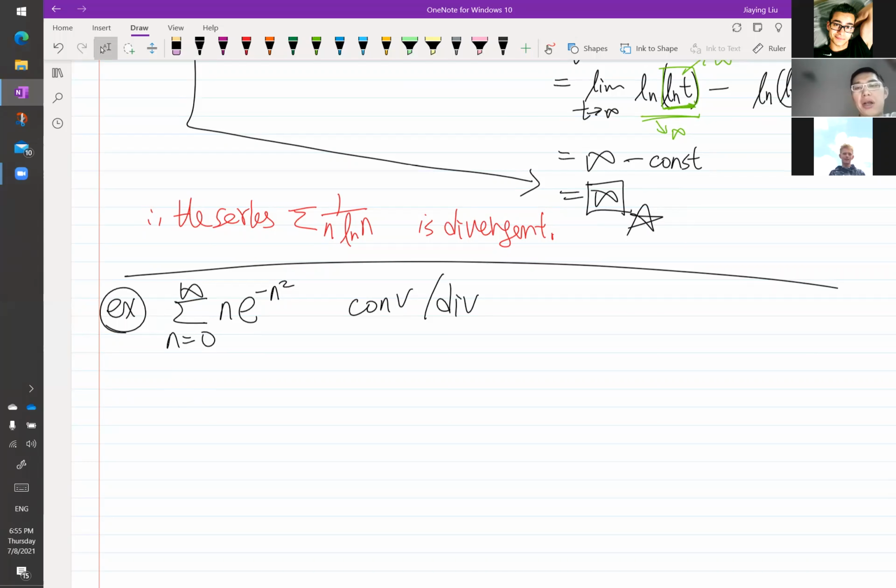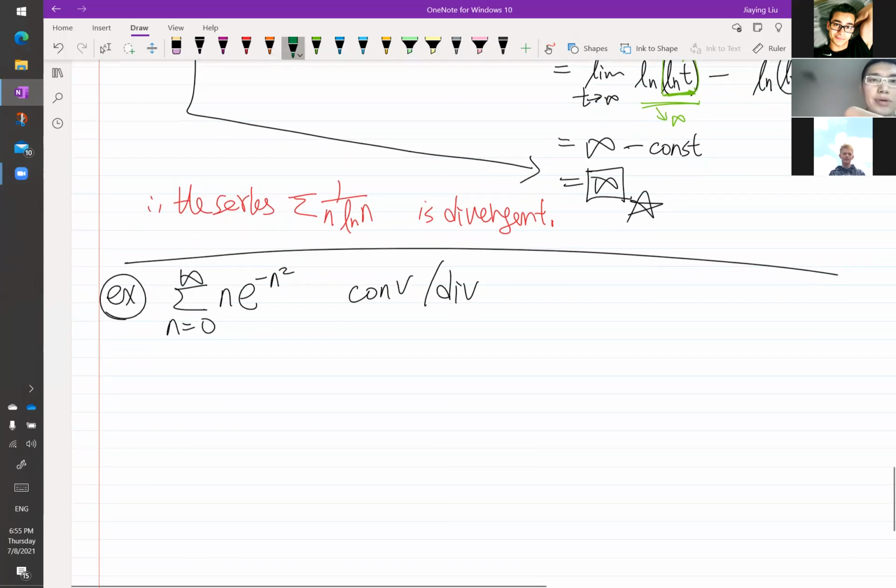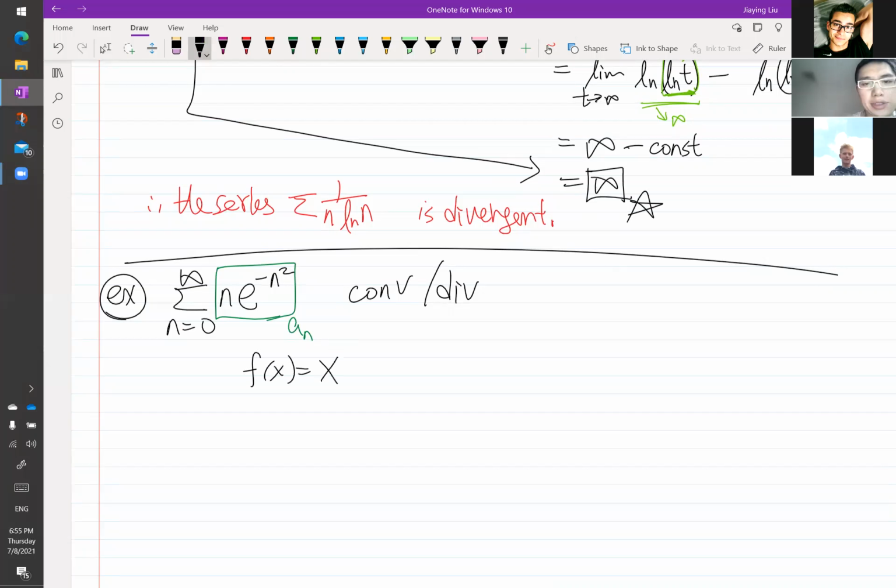Maybe you couldn't make a conclusion if you try to apply it. So here, I'm going to try to use the integral test. By looking at this part, this is what an is, right? So I'm going to write down f of x that I'm going to use in the integral. So f of x is just x e to the minus x squared. And the interval that we're looking at is from 0 to infinity. That's the value for n.